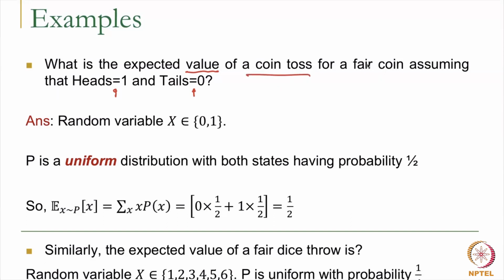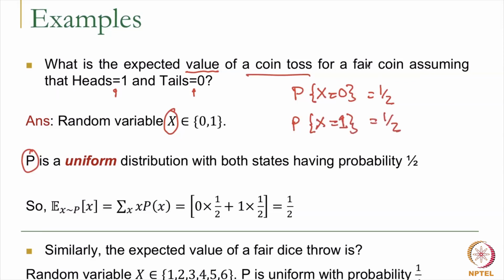So now notice, I am going to do this formally. The random variable we are choosing is X. The probability P from which we are drawing is a uniform distribution. It looks like this. Probability that X equal to 0 is half. This is the distribution, remember. Probability X equal to 1 is also half. So when I say X is drawn from P, X is drawn from here.